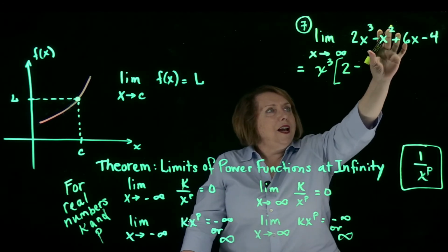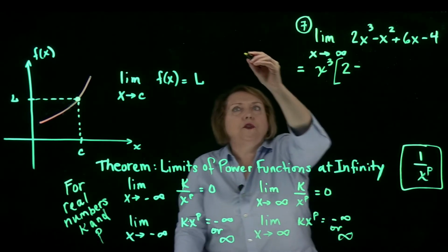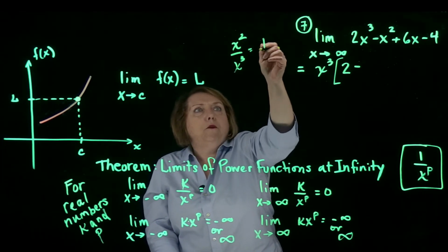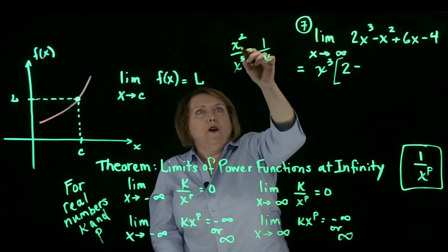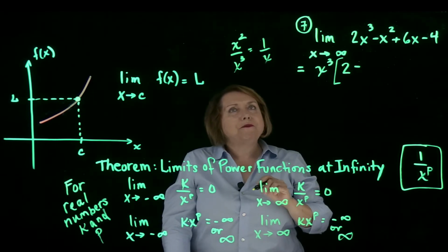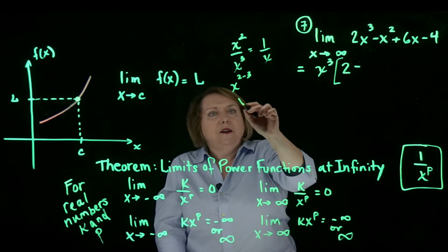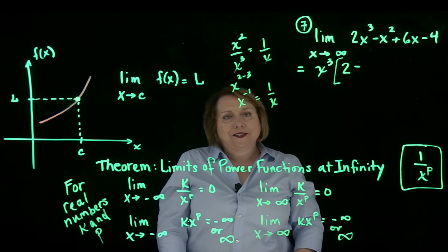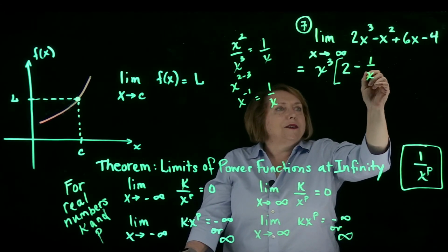And if I take out x cubed, it's like I'm dividing each term by x cubed. So x squared divided by x cubed would be 1 over x, because using the quotient rule for exponents, I would subtract the exponents. 2 minus 3 would leave you x to the negative 1, which is 1 over x.